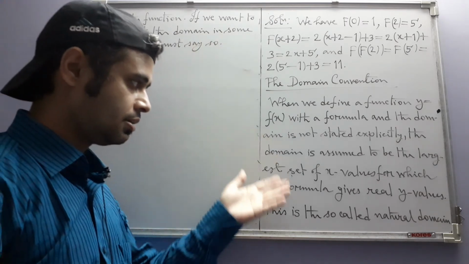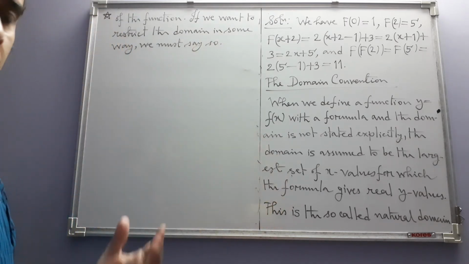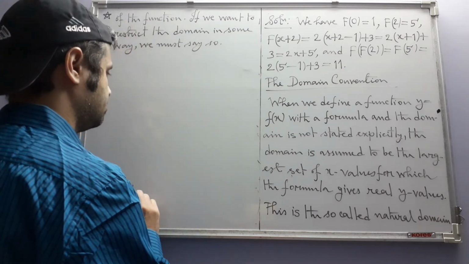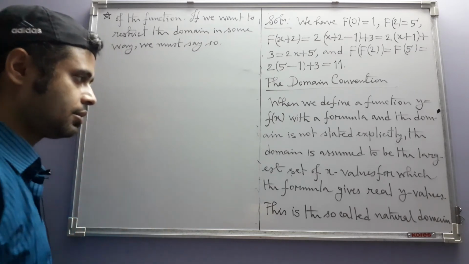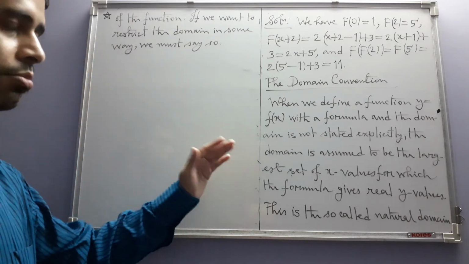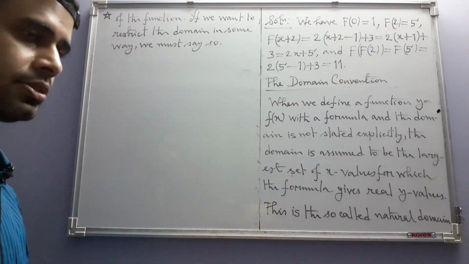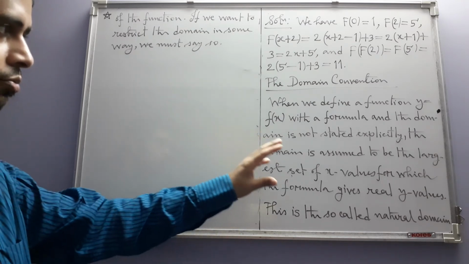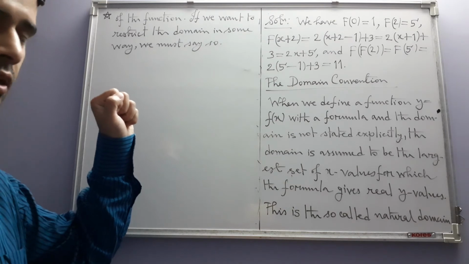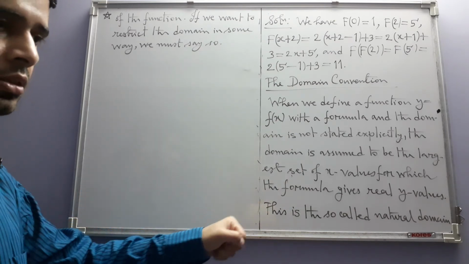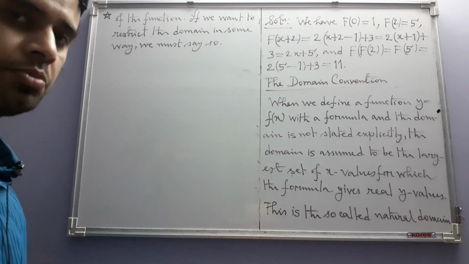So what this says basically is that if we are given simply a formula, and nothing is said about the domain, then we have to assume the domain to be the largest possible set of real numbers, from which if you take a real number and use that as input in the function, you get a real number output.